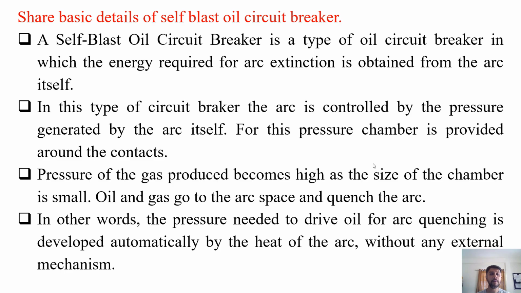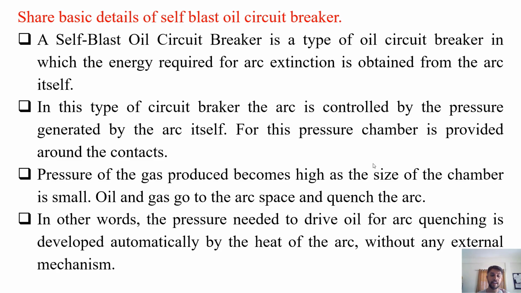A self-blast oil circuit breaker is a type of oil circuit breaker in which the energy required for the arc extinction is obtained from the arc itself. In this type of circuit breaker, the arc is controlled by the pressure generated by the arc itself. For this, a pressure chamber is provided around the contacts.